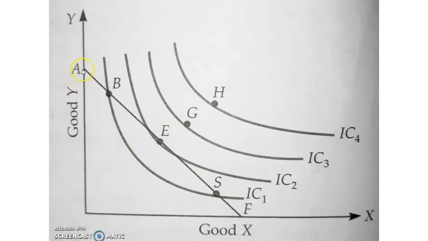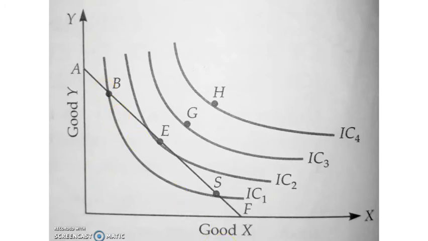What are they? A, B, E, S and F. So the consumer will try to choose one of these points which gives him maximum satisfaction. So from among these points, which is the equilibrium point? Here points B and S are also on the budget line.